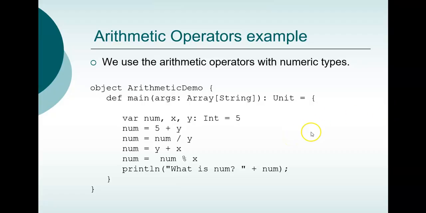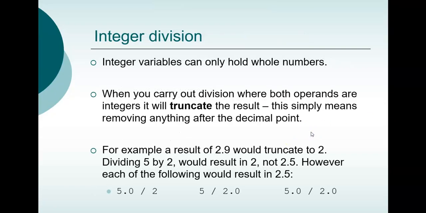Okay, so now let's look at integer division. Integer variables, as you know, can only hold whole numbers. Now, when you carry out integer division, both operands should be integers, and it will truncate the result, assuming we have some floating point.